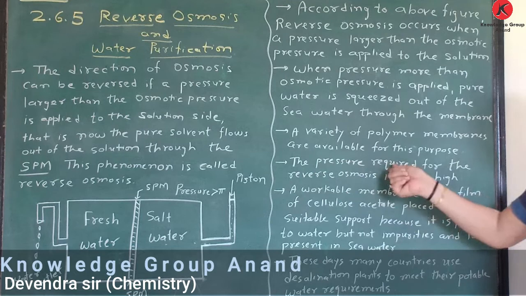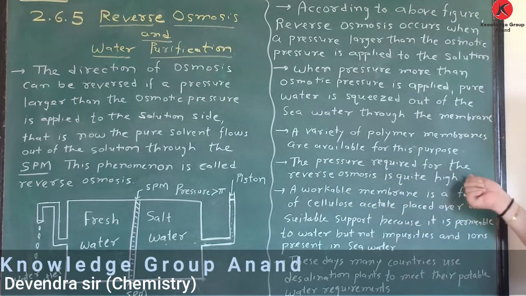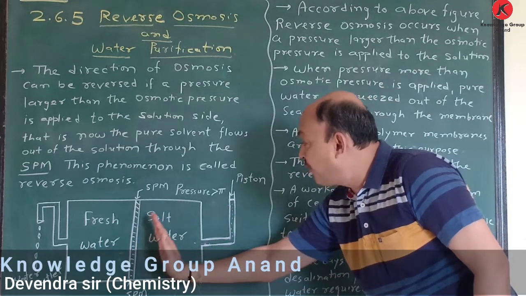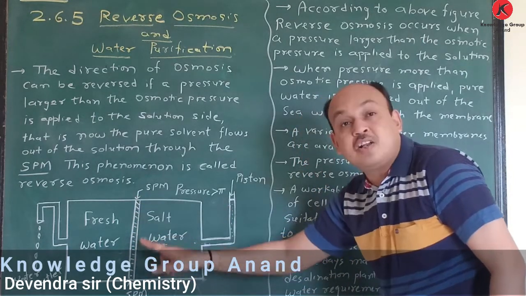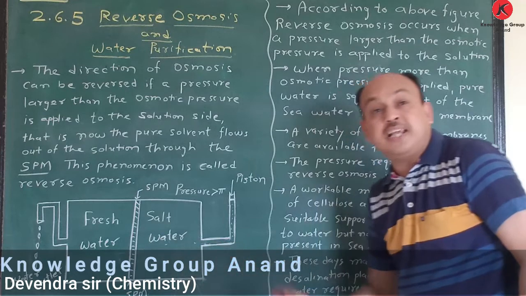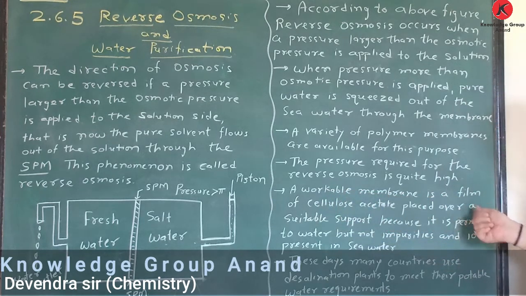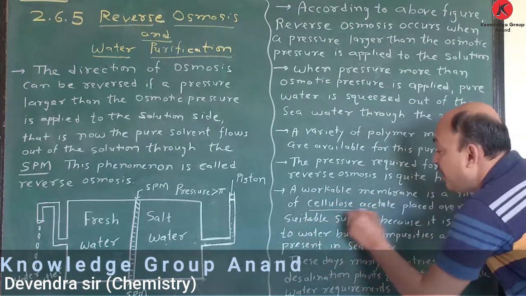The pressure required for reverse osmosis is quite high, so the flow should not damage the SPM, and due to that we have to take different types of polymer-containing semi-permeable membrane. A workable membrane is a film of cellulose acetate.